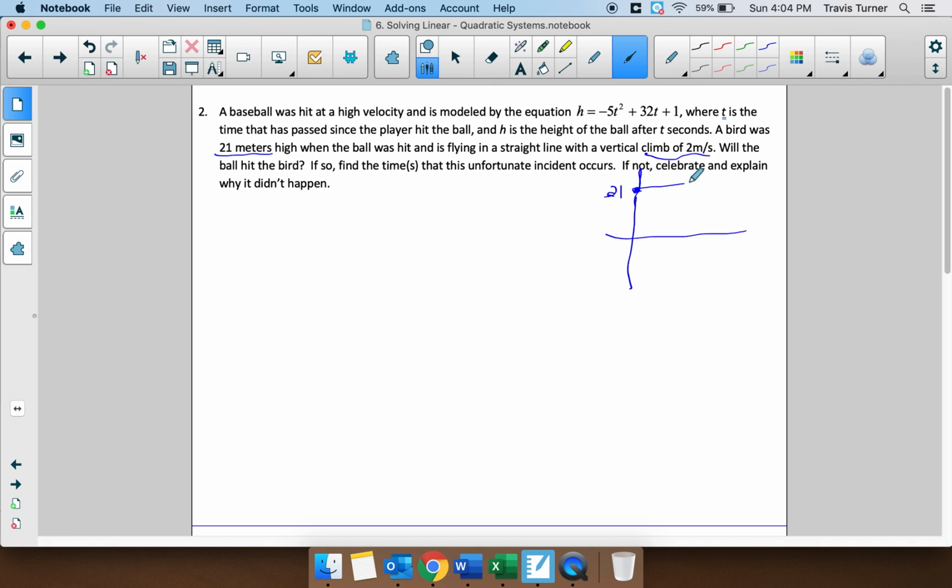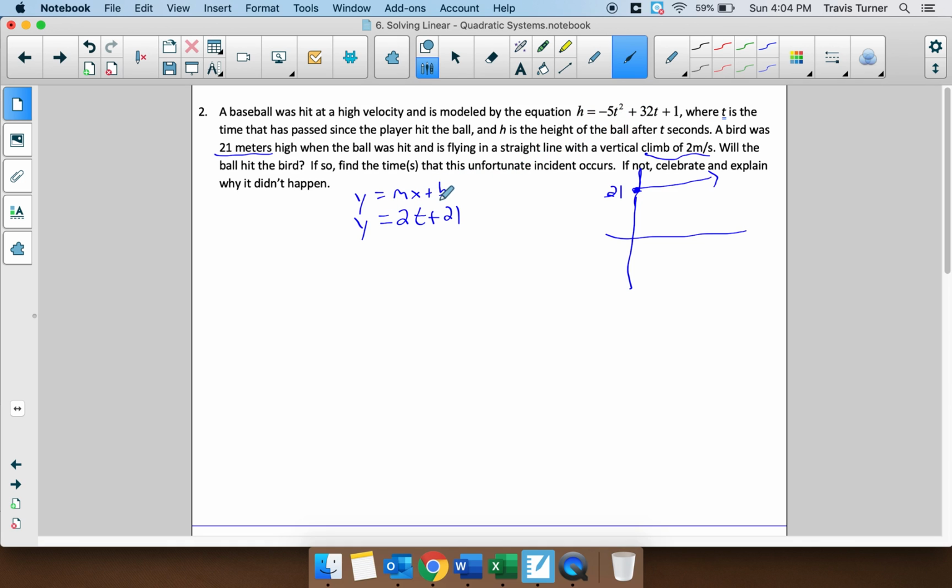So it's climbing ever so slightly up over time. If you think of that as an equation, my slope is the 2 that's going up, and it's for every second. And then the y-intercept, where it's starting at, is 21 meters high. So there's our equation that we need in order to try to figure this out, and that's the height.